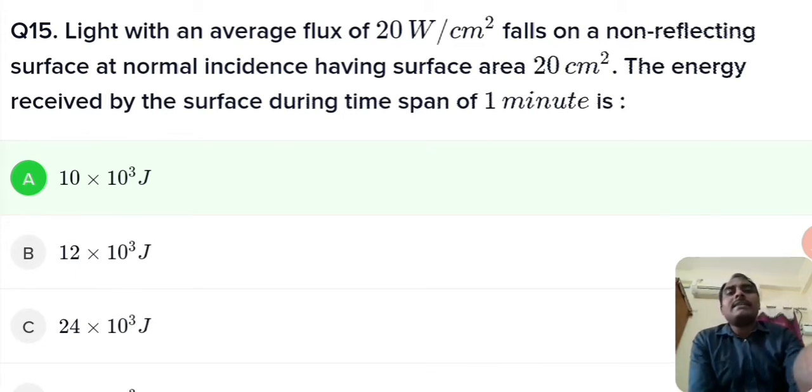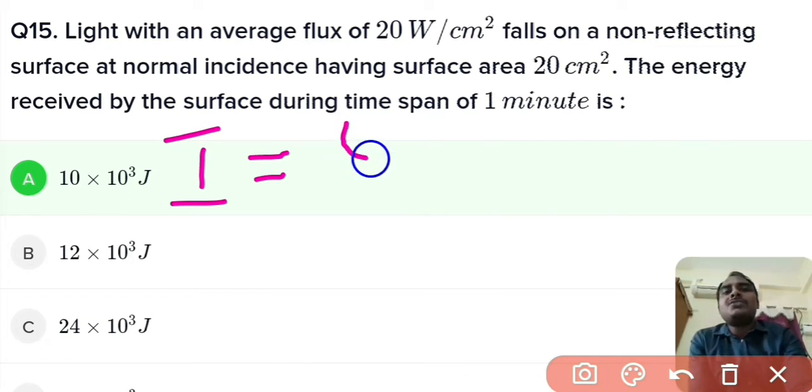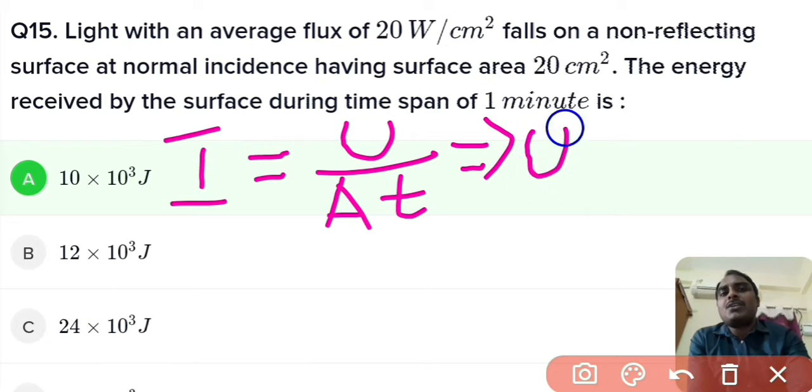They have given intensity and they are asking energy. For that we need just the intensity formula. Intensity equal to energy divided by area into time. This is the formula for intensity, which implies energy equal to intensity into area into time.